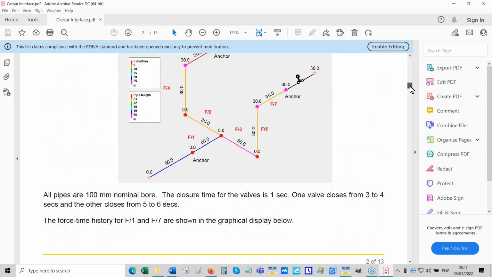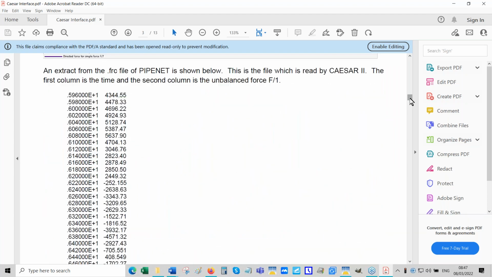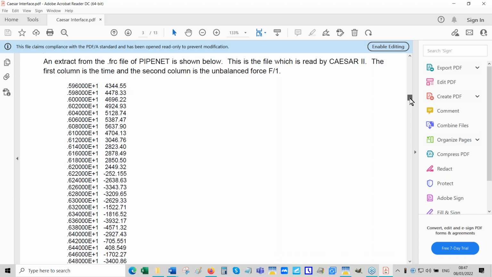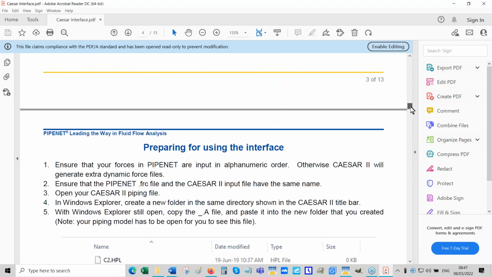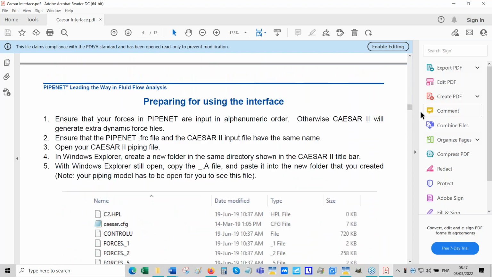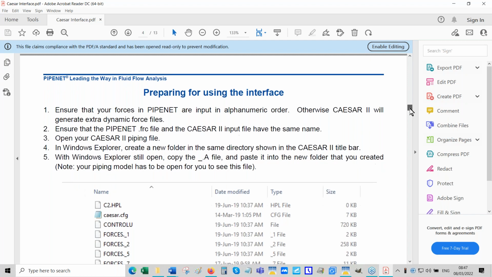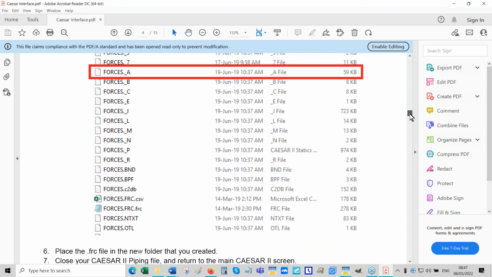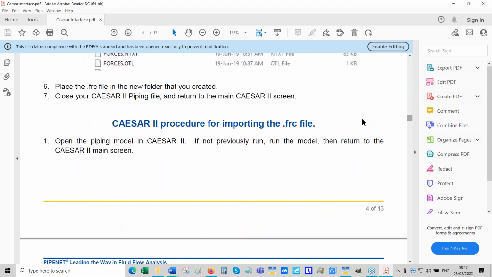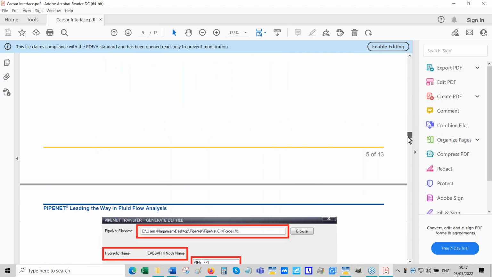I said to you that PIPENET generates the force time history as a text file, and this is an extract from the text file. That's the time, and that is the actual force. And this document shows what are the steps involved in importing the time history into Caesar 2.